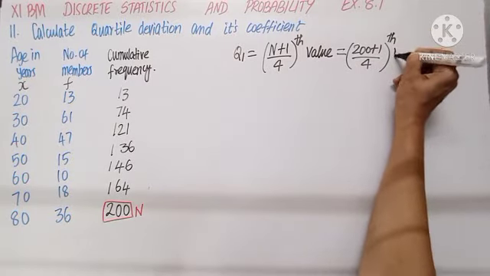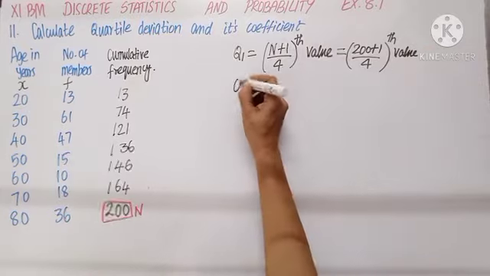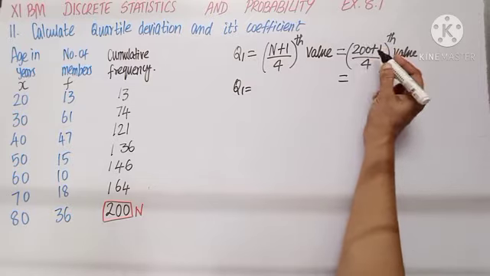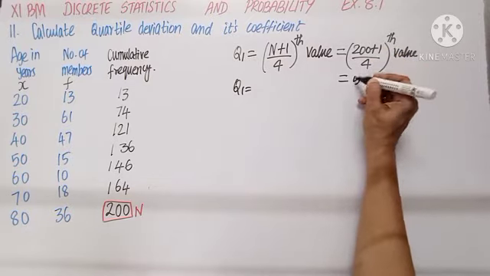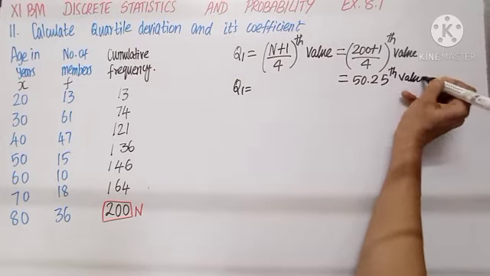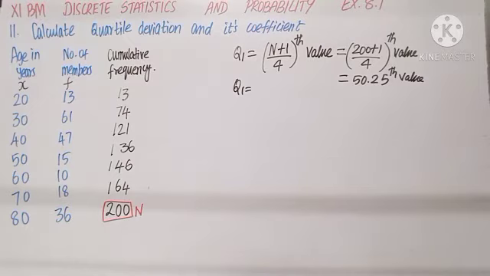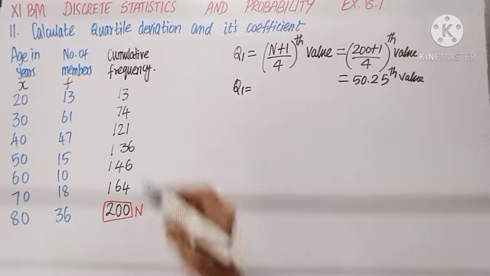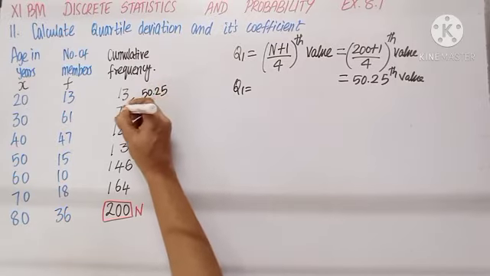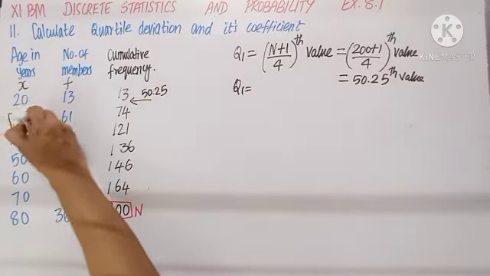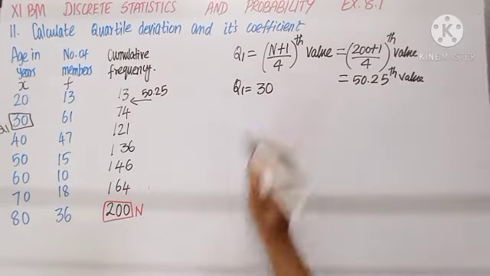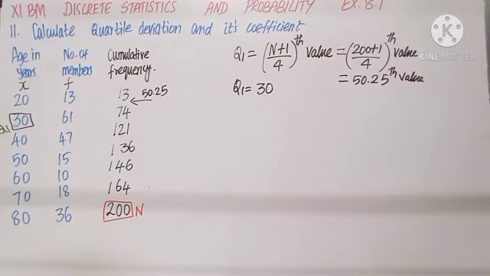So I get 201 divided by 4, which is 50.25. So we must check where 50.25 is crossing. 50.25 is crossing here. So what is this class? This I call Q1. So the value of quartile 1 is 13.